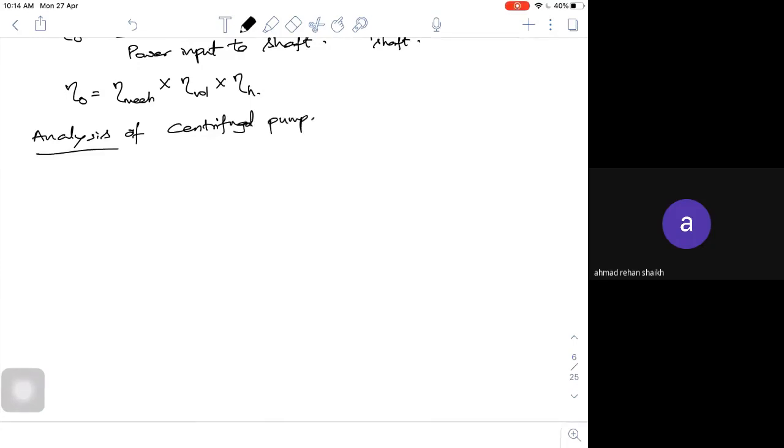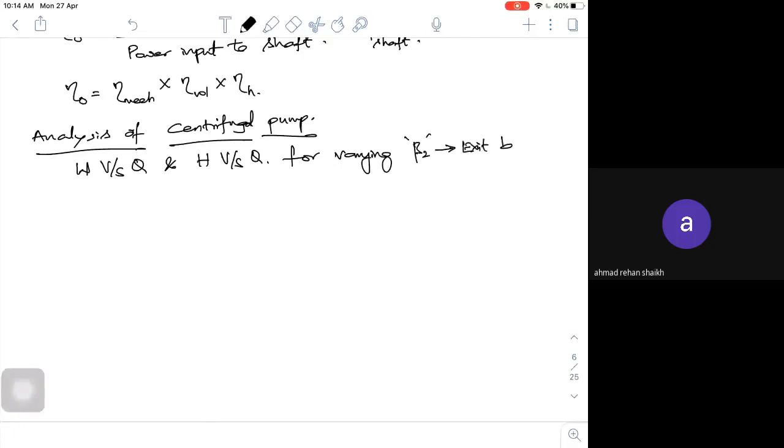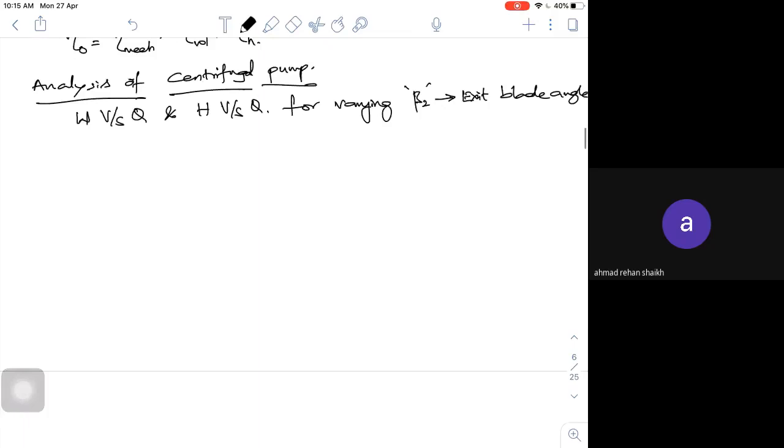I have given that as an exercise: W versus Q, and the same thing, H versus Q. This was an assignment for varying exit blade angle beta 2. If I try to put the plot, what is this actually?